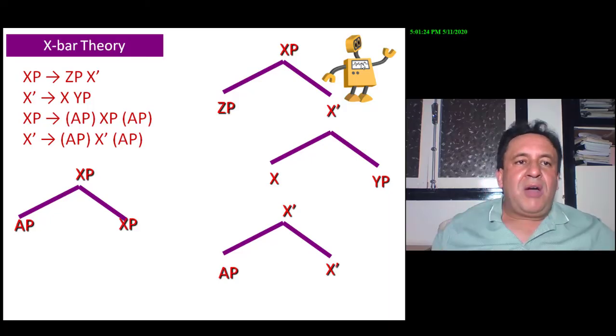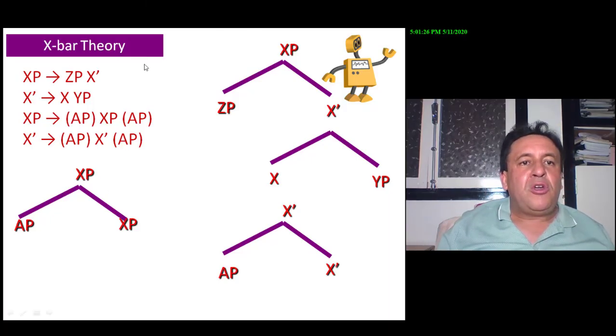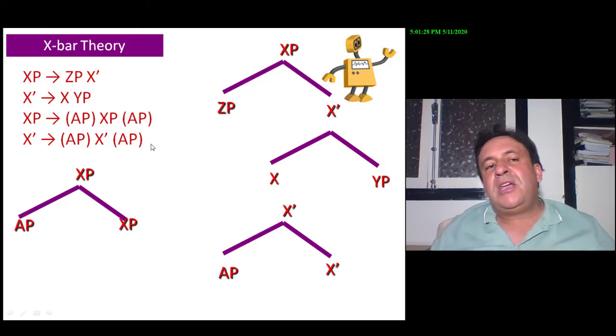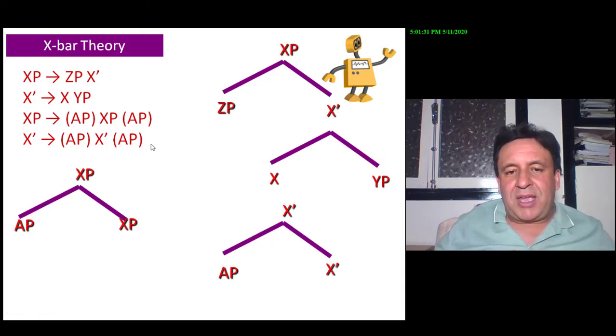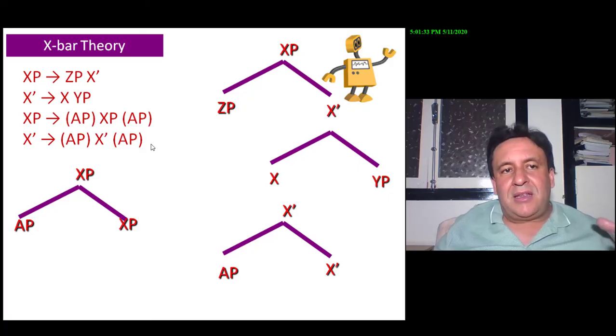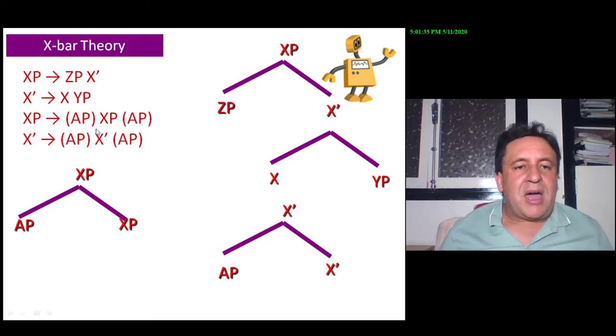Now we can say that this X bar format applies not only to the English language but to other languages as well. The claim is that this X bar format is somehow universal.